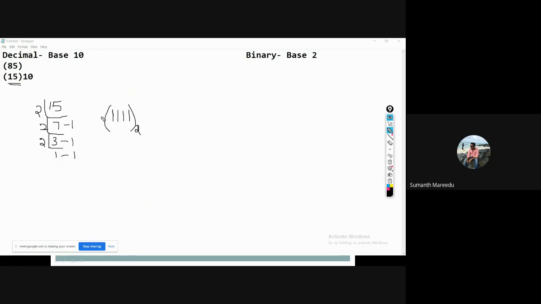Now I will show you how to convert a binary number to decimal. I'll take a number like this, say 1010. What is the decimal equivalent of this?